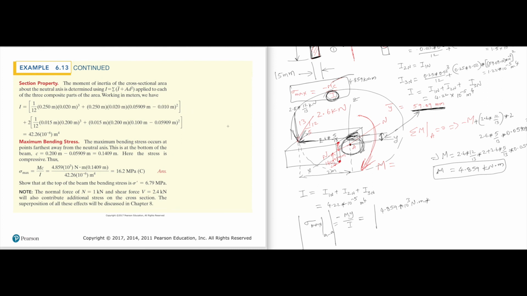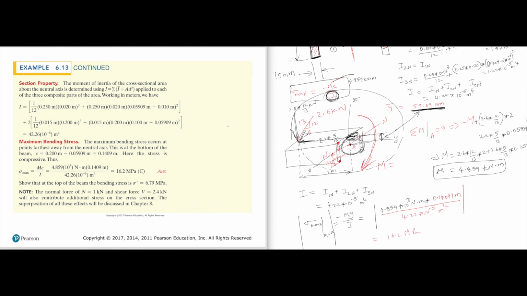So you will write this as 0.14091 meter over I, which is 4.22 times 10 power minus 5 meter to the power of 4, which is going to be 16.2 megapascals.